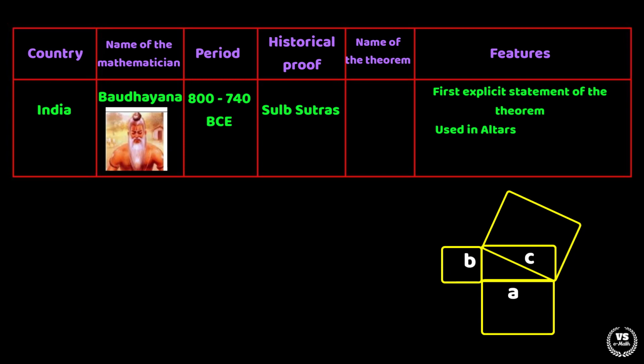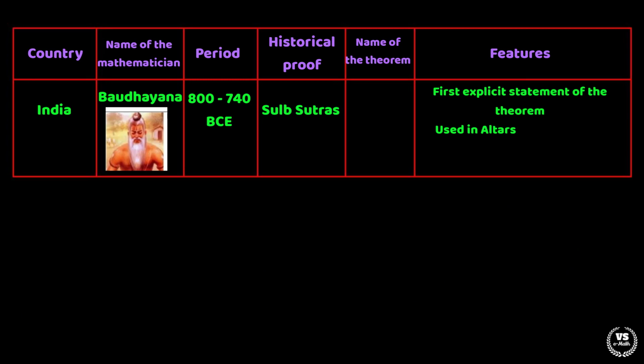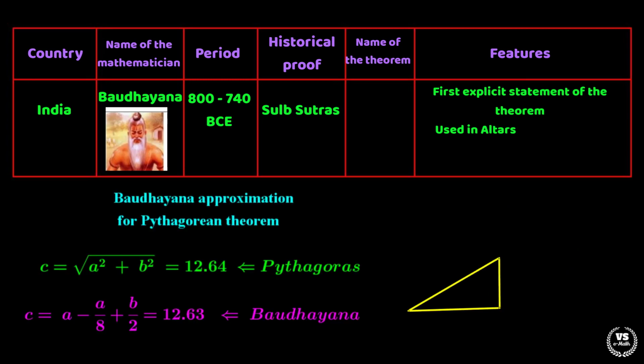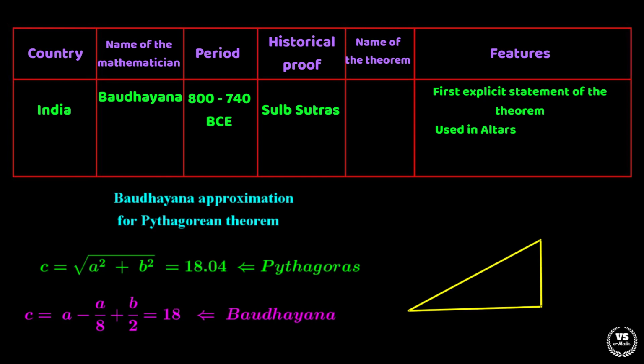He also states that if A and B are the 2 sides and C is the diagonal such that A is divisible by 4, then we can calculate the hypotenuse easily using this formula. Here is the comparison between Baudhayana and Pythagoras. How close is it?